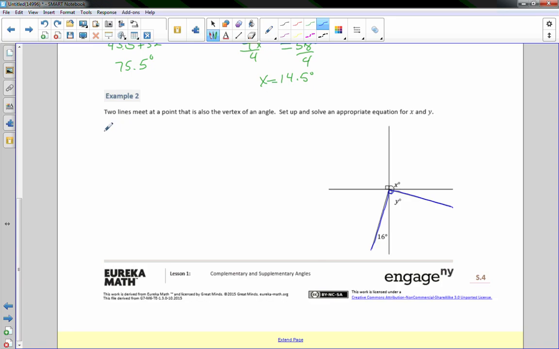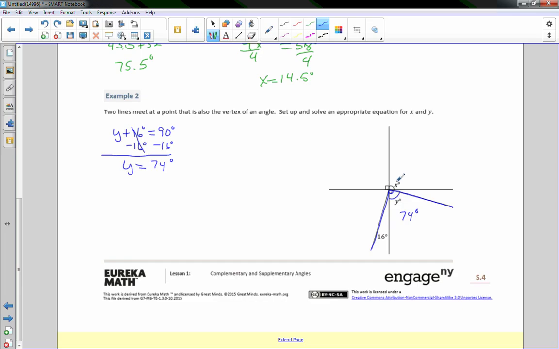So let's just say y plus 16 degrees equals 90 degrees. Subtract 16 degrees from both sides, and we find y to be 74 degrees. So this is 74 degrees, and that's just this piece here, not counting the 16 degrees.